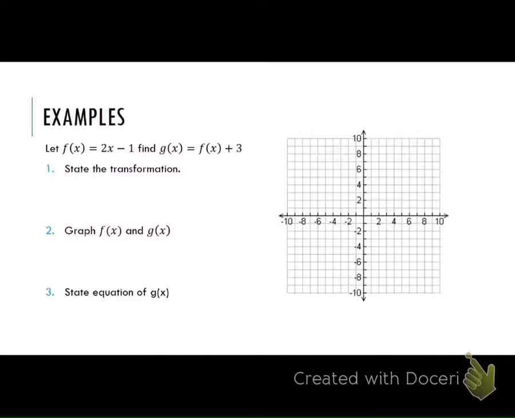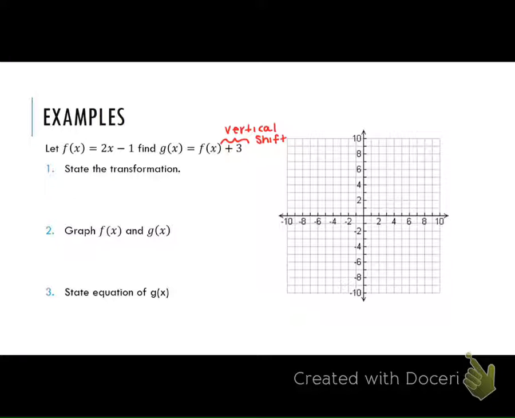So let f of x equal 2x minus 1. Find g of x equals f of x plus 3. So first of all, g of x is your new function. What it's telling you to do is add 3 to the f of x function. Look back on the previous page. If it's outside the parentheses, is that a vertical or a horizontal shift? This is a vertical shift. It's outside the parentheses.